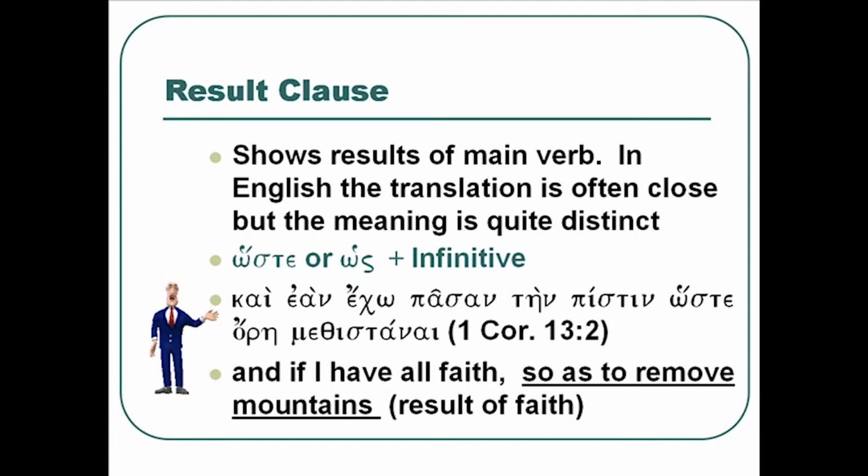And then you'll notice the infinitive here, methistanai, is an infinitive, so it's hoste plus the infinitive and the mountains being removed. So as to remove mountains. So the result clause gives us a result, and in this case uses the preposition plus the infinitive to give us result. Hoste and hos will be trigger words for these result clauses. Notice once again the importance of these little words, these little trigger words, these structural markers that indicate how the clause is to be understood.